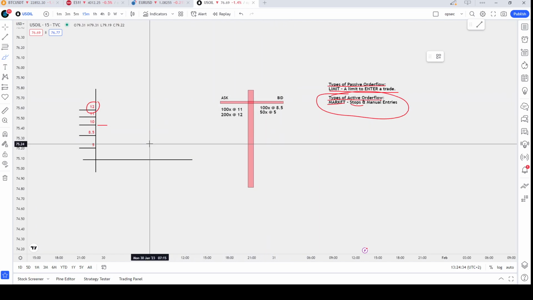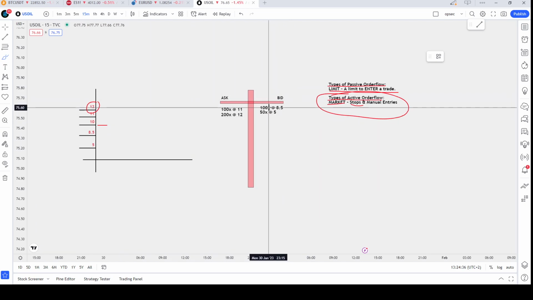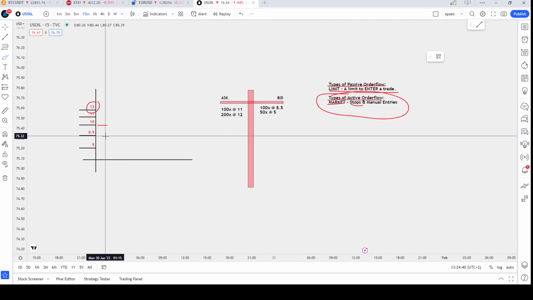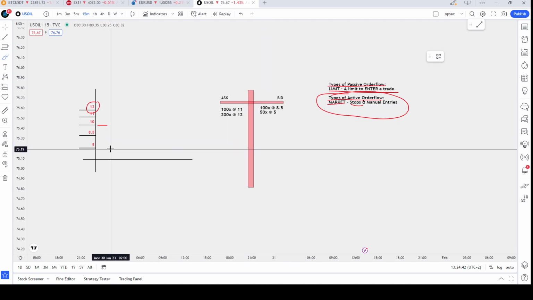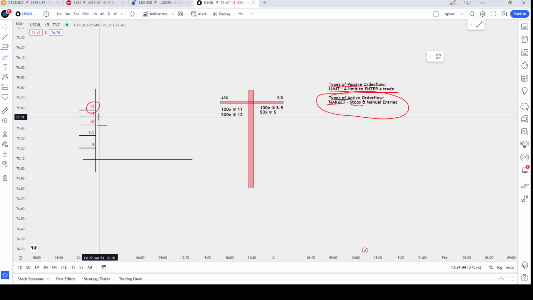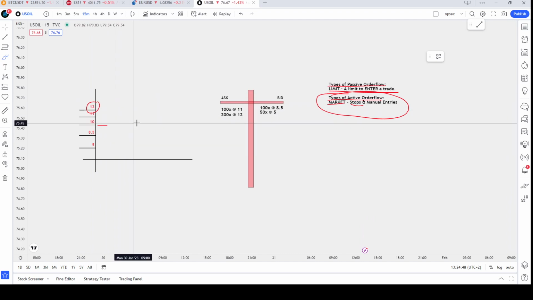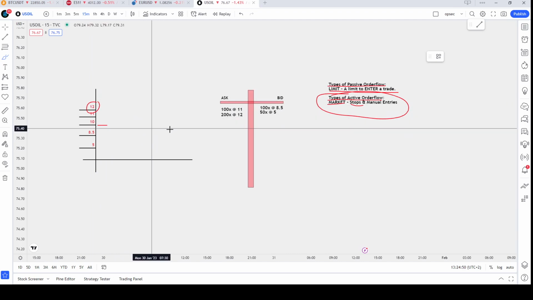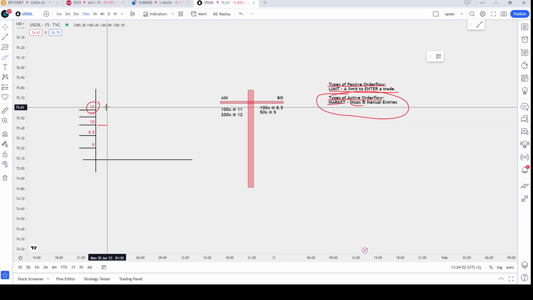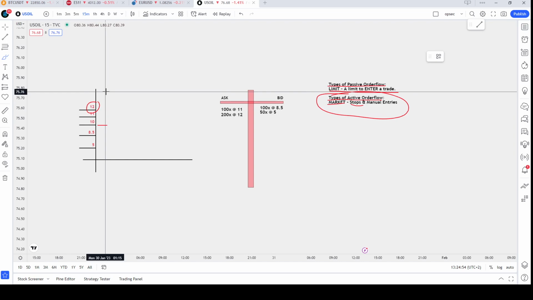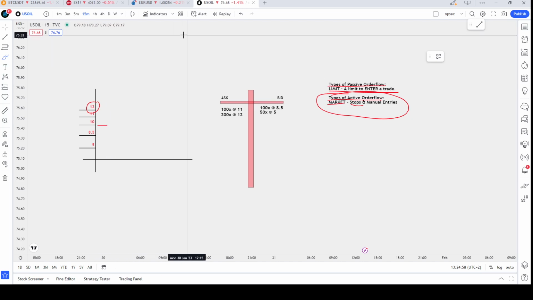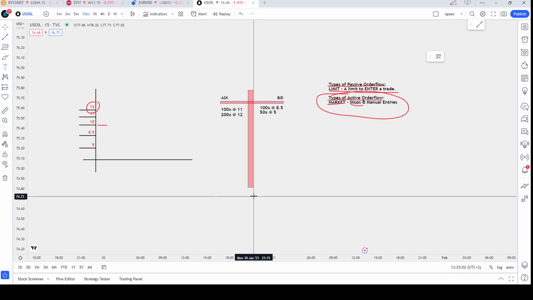There is a 100 contract bid at 8.5, and there is a 50 contract bid at 5, and then at 11 there is a 100 contract sell, and then a 200 contract sell at 12. Now the current price is at 10. Why? Because that is the last traded price.